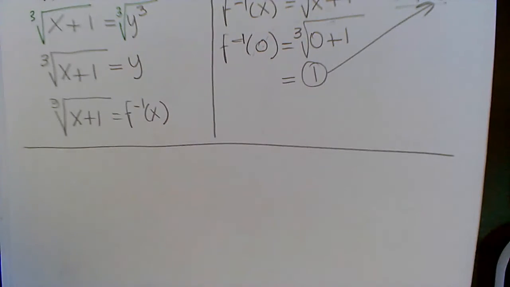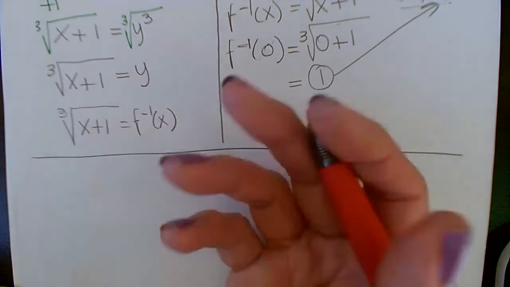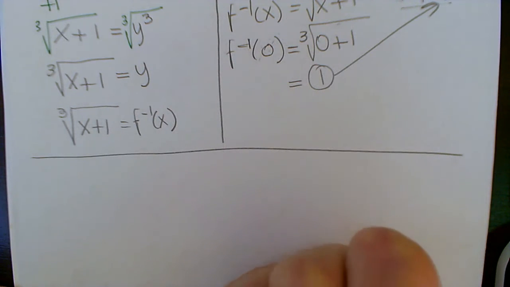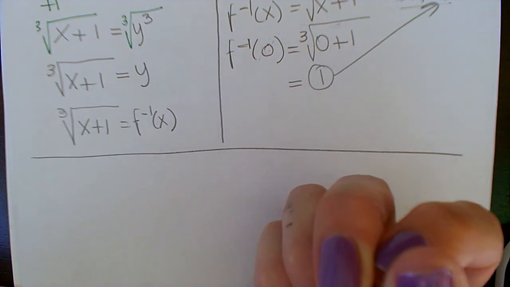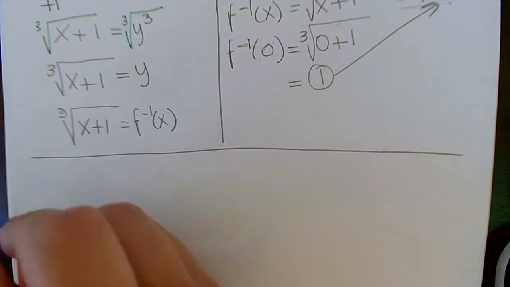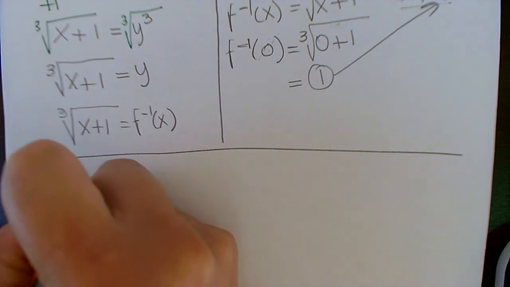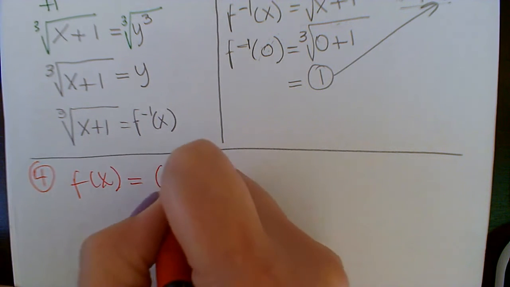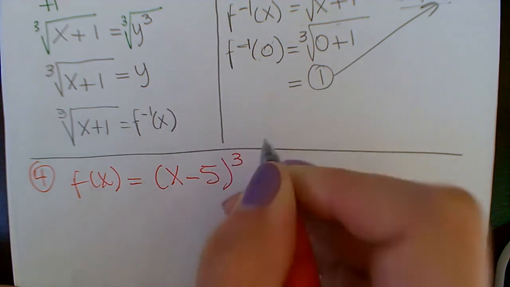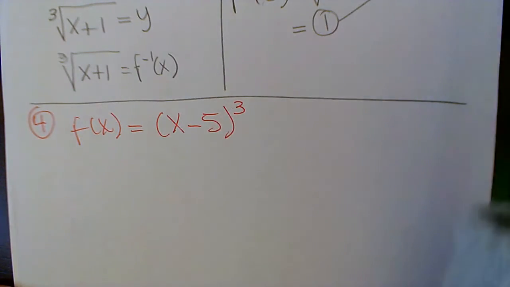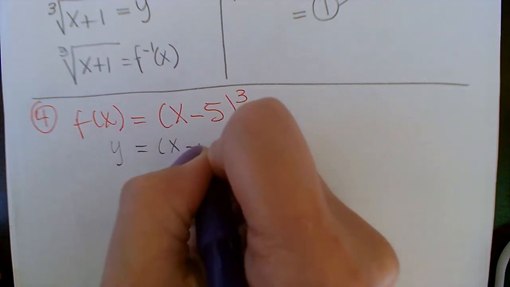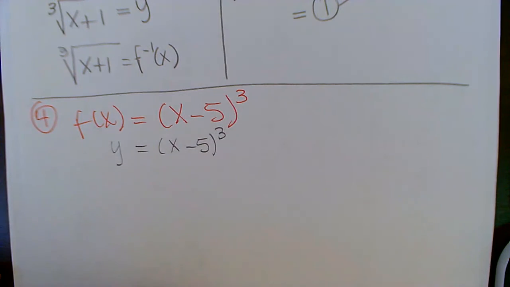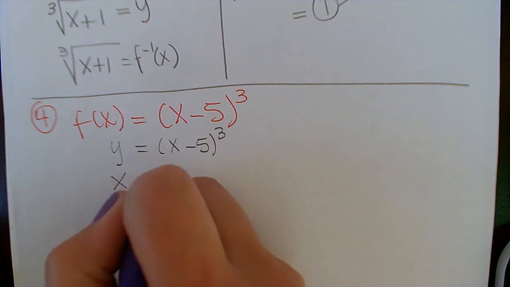Okay, let's do one more, always with the same cubic root. Let's do this one. f of x to the third power. Okay, so change it for y. Now, interchange.